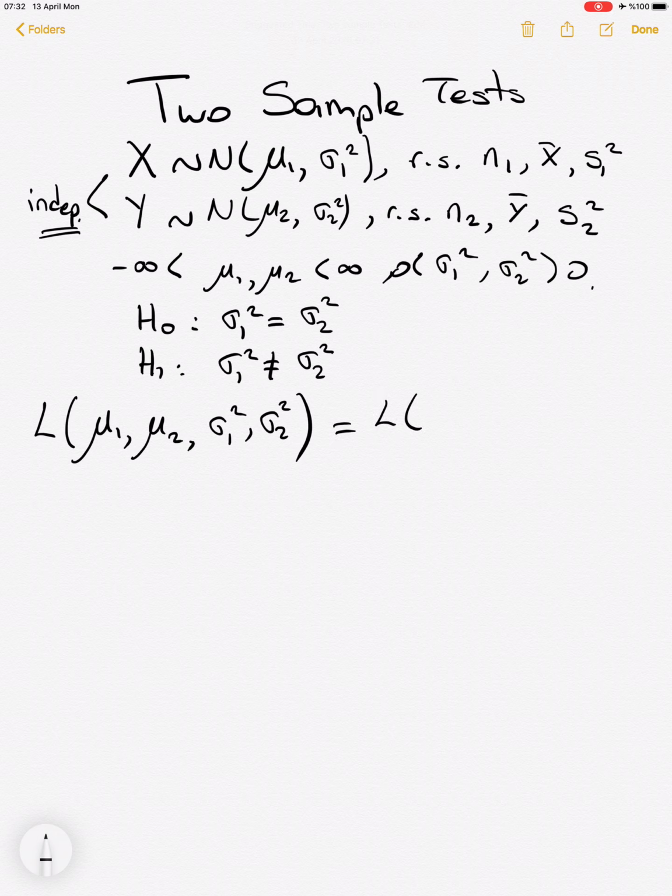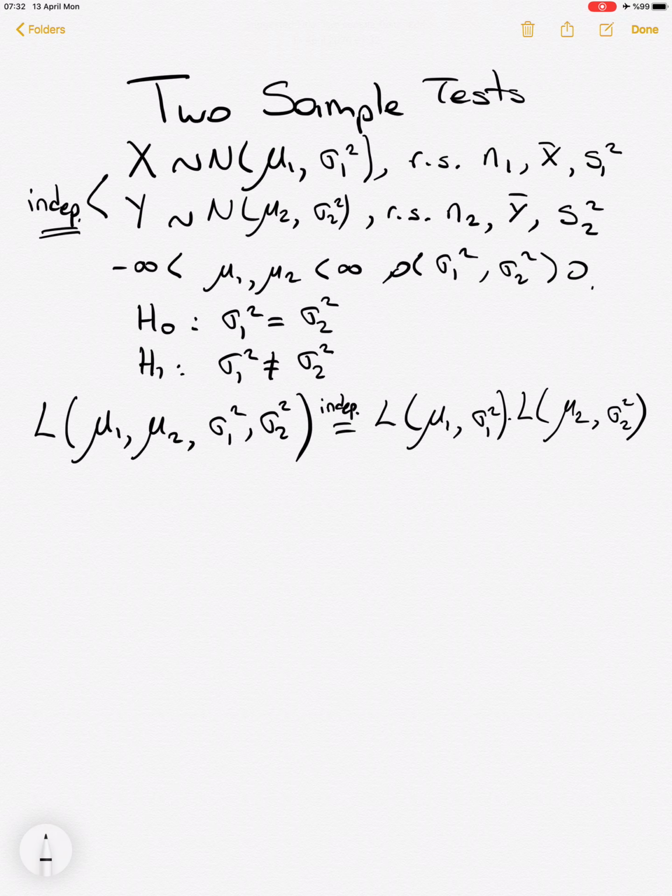Because of the independence, it will be the multiplication of one likelihood coming from the distribution of x, and the other likelihood coming from the distribution of y. So because of independence, everything is easy. Usually we make this type of assumption to make the calculations easier. If this assumption is not satisfied, then we have to find the joint distribution of x and y, and then the likelihood function of that joint distribution. So everything will be very complicated compared to this one.